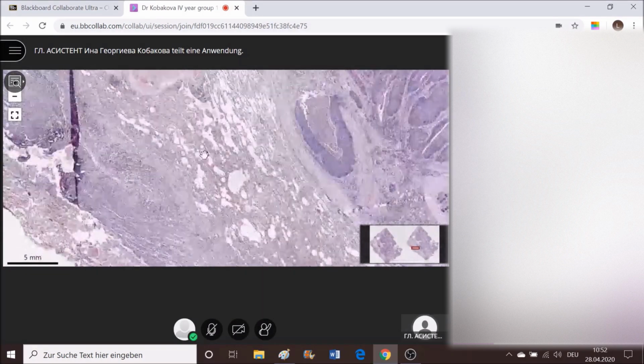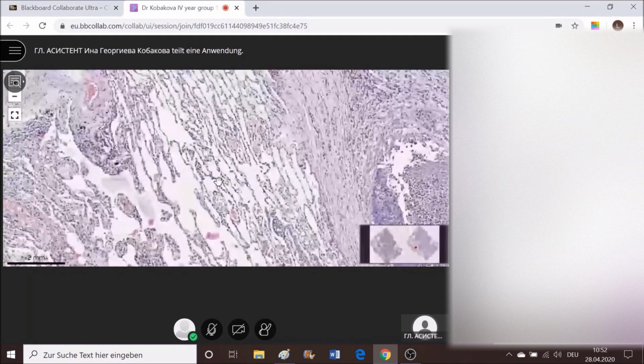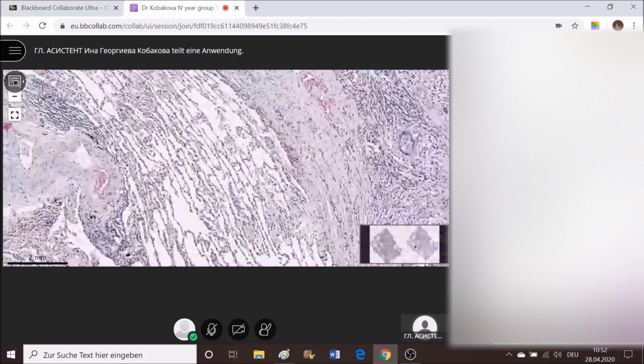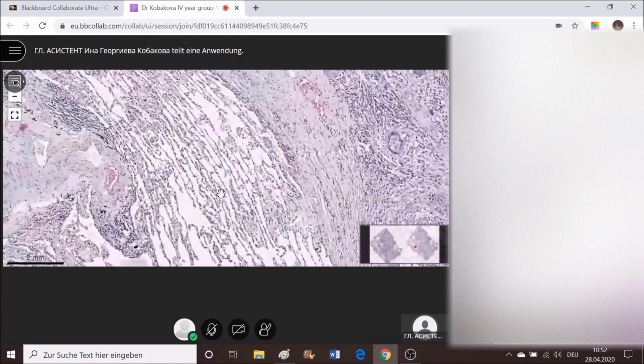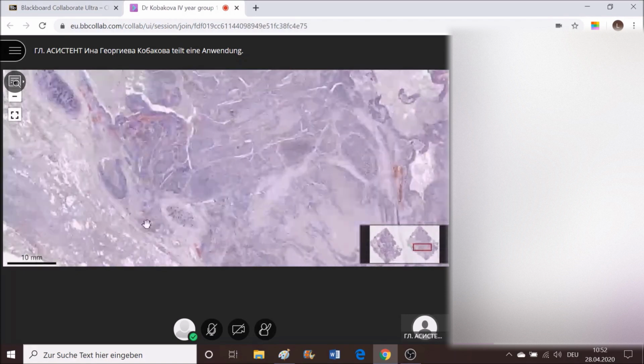What we see here are alveolar spaces suffering collapse or atelectasis because they're smashed by the neighbor growing process of tumor formation.